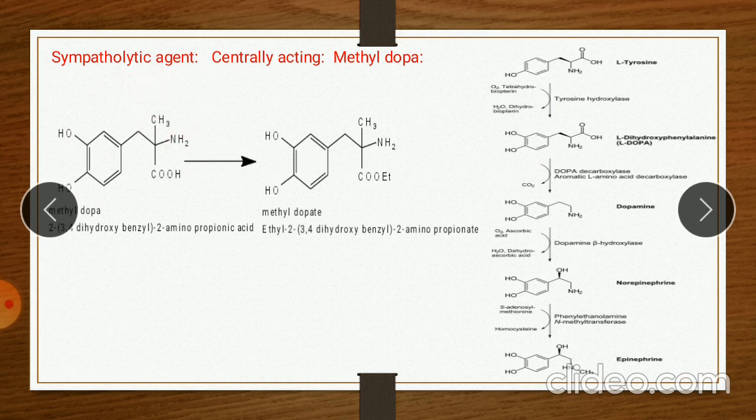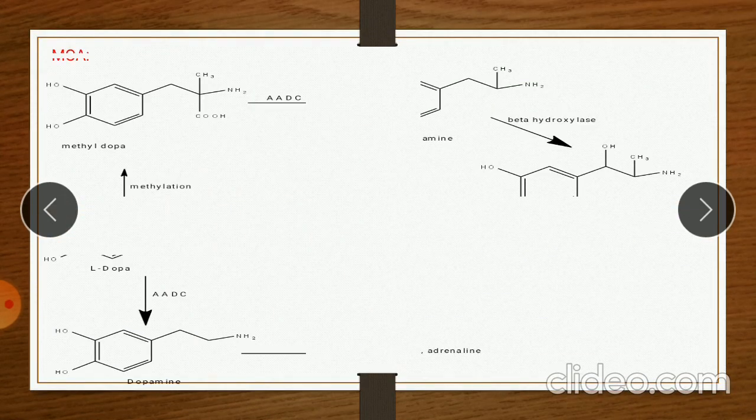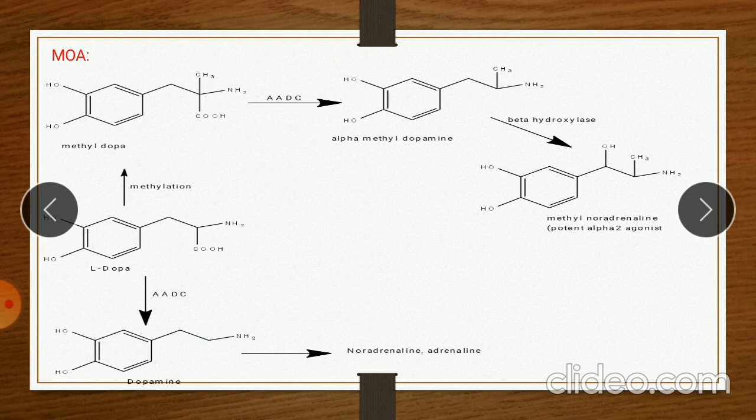So it is a competitive inhibitor of the enzyme AADC, and therefore it prevents the biosynthesis of dopamine and noradrenaline, but this is not the main mechanism of action of methyldopa. The important mechanism of methyldopa is as follows.